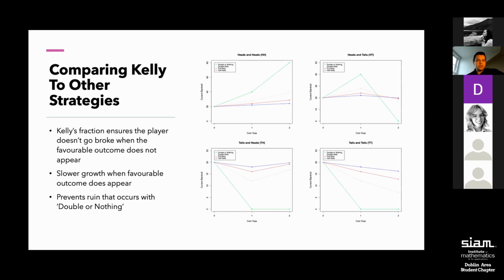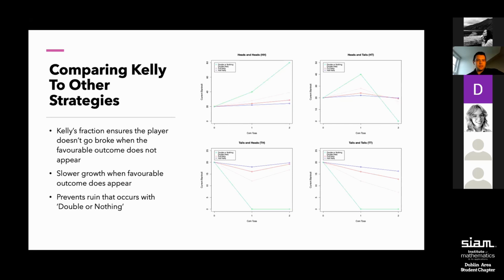That's corroborated in these plots here. These are the 4 possible outcomes when a biased coin is tossed twice. When the player bets €20 on heads, when the probability of heads appearing is 60%, we can see that when heads appears twice, the double or nothing strategy gives a much larger increase in the player's bankroll.